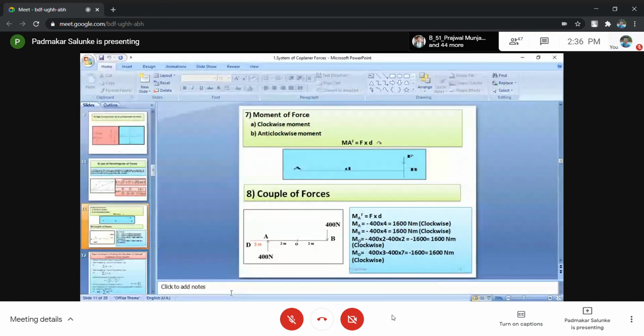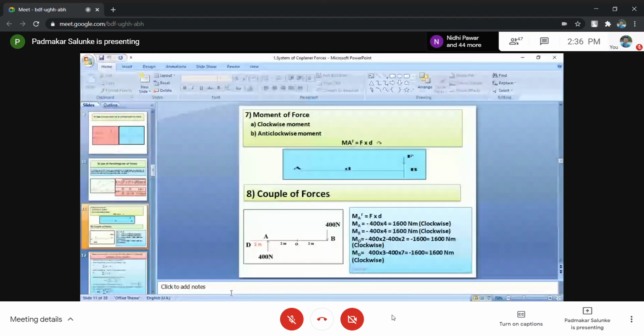Similarities are what? The unit is the same, the types are also the same. The rotational effect, that is clockwise, anti-clockwise, also remains the same. The final numerical answer also remains the same. These are the similarities. What are the differences?